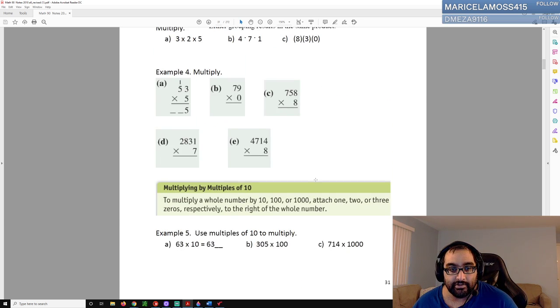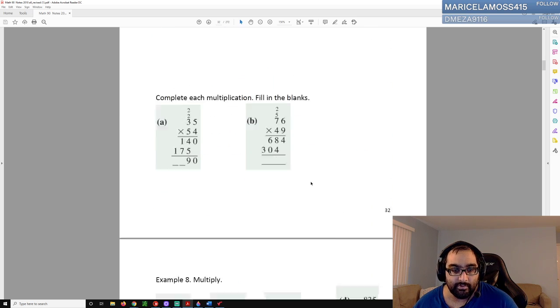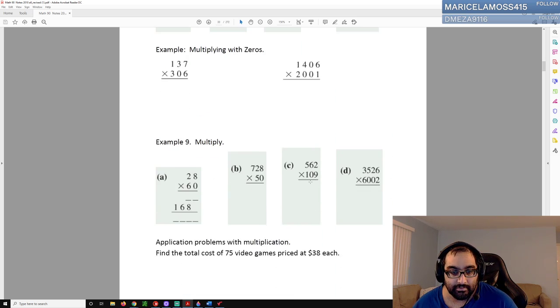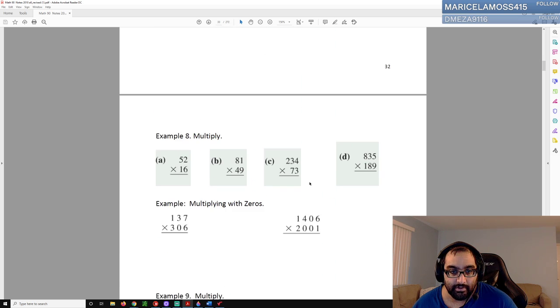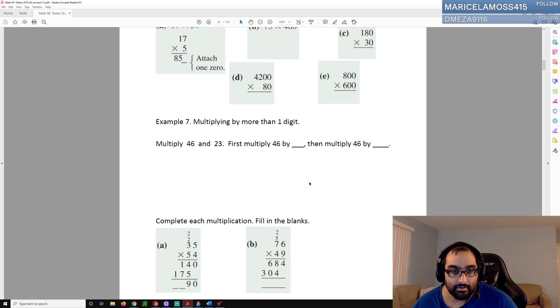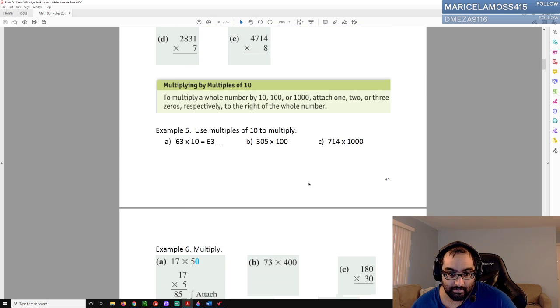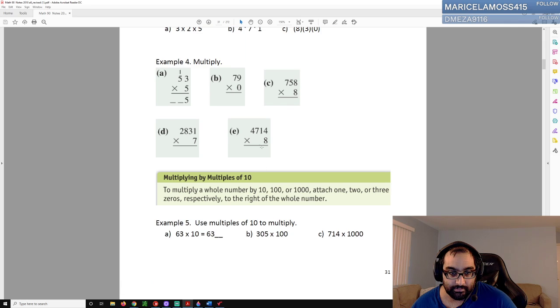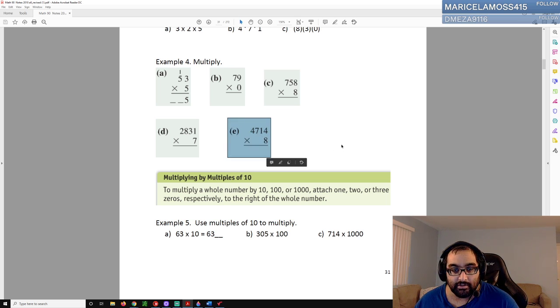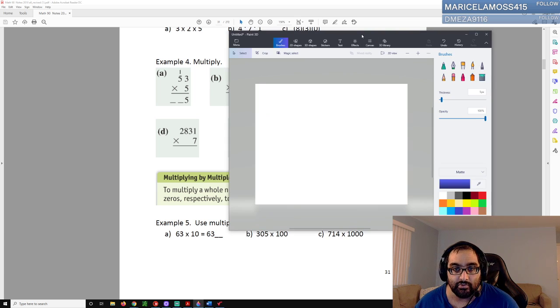So let's see, where was that problem I wanted to do? There's a particular problem I wanted to do. Oh, there it is. Okay. So what we're going to do next is an example problem of just doing some basic multiplication. I'll write that out on my little paint tool.